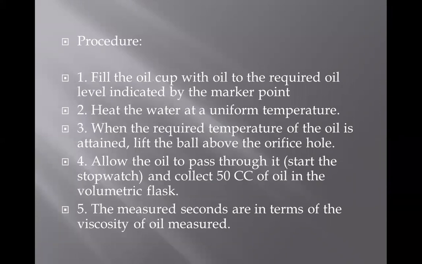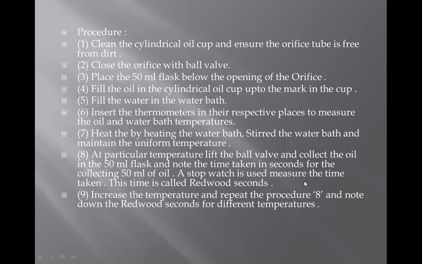First, fill the oil cup with oil to the required oil level indicated by the marker point. Heat the water at uniform temperature. When the required temperature of the oil is attained, lift the ball above the orifice hole. Allow the oil to pass through it and collect 50 cubic centimeters, or 50 ml, of oil. The measured seconds are in terms of viscosity of the oil measured.